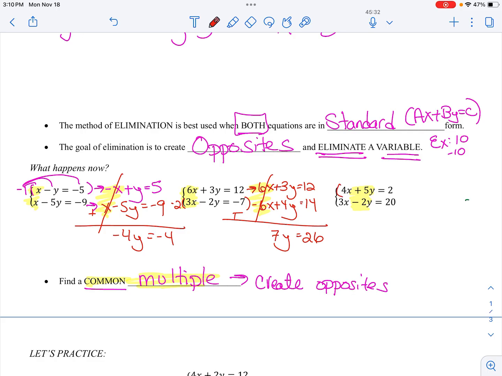So I'm going to multiply this top equation by 2 and this bottom equation by 5 because now I could make them be opposites. And if I do it, I can see 2 times 4 is 8x, 2 times 5 is 10y, 2 times 2 is 4. This one would be 15x minus 10y, and that would be equals 100 if I distribute all those.